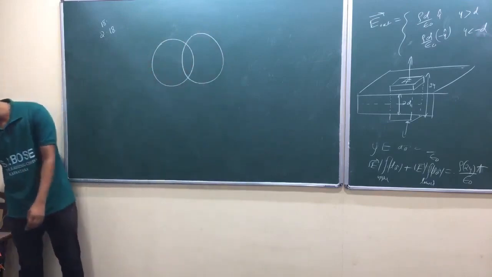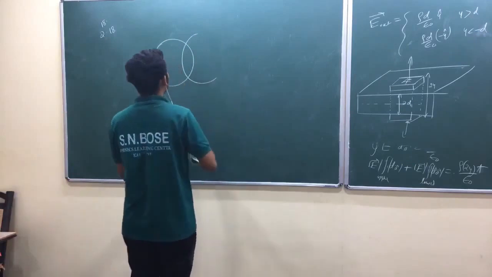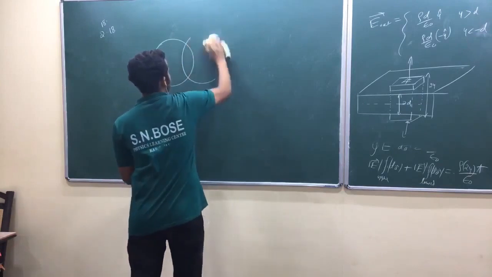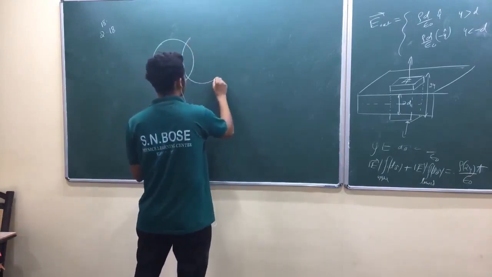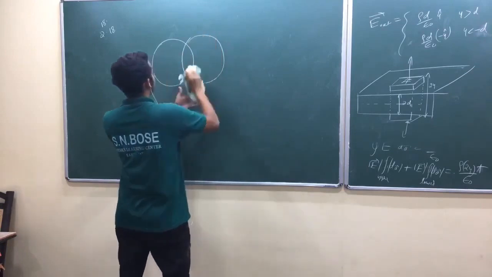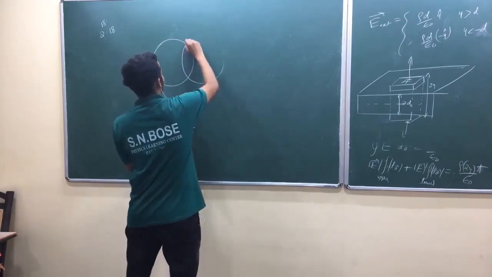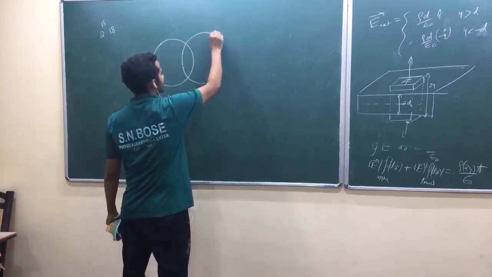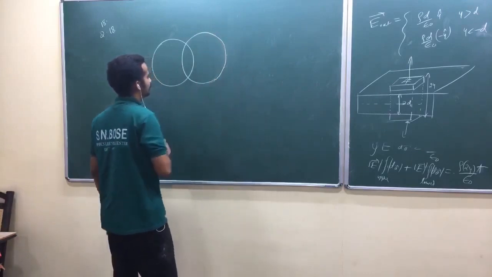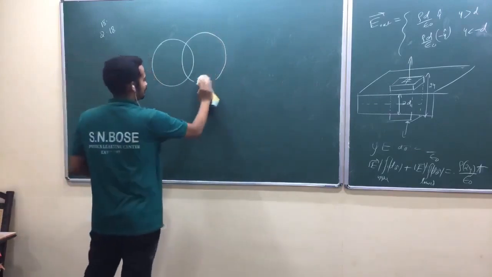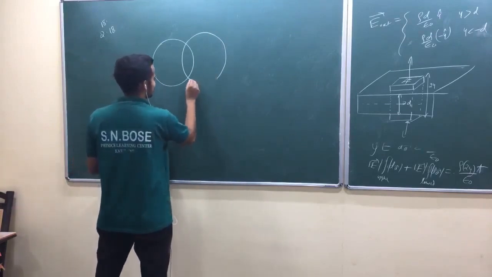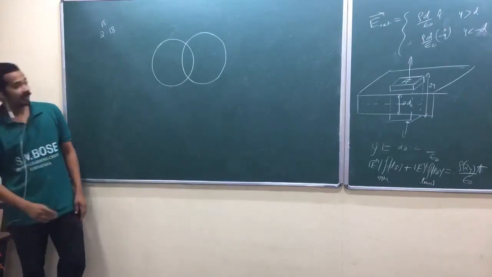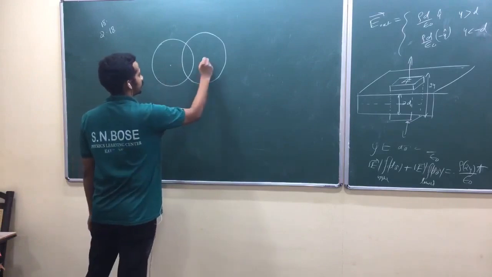Two spheres of the same radius, capital R. Yeah, so now I have two spheres.